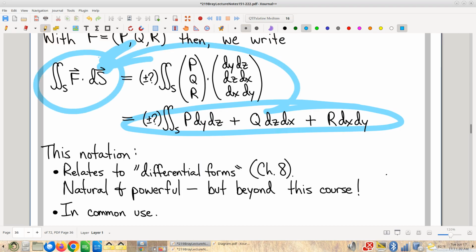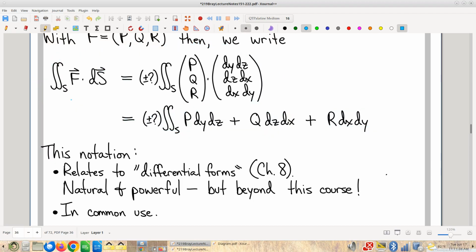That's a weird notation to represent a flux integral. So I wish I had time to answer your question, but it's not going to really fit in the course. My question was more around, geometrically, what is the picture or the graph that we're looking at that tells us that what I'm computing will be this?